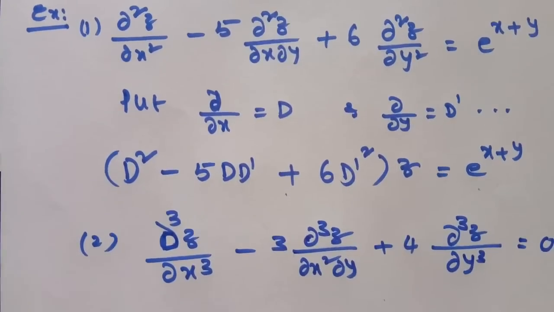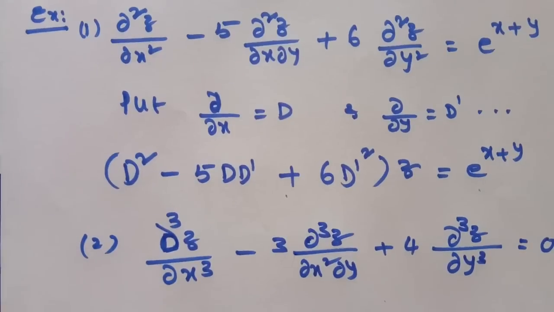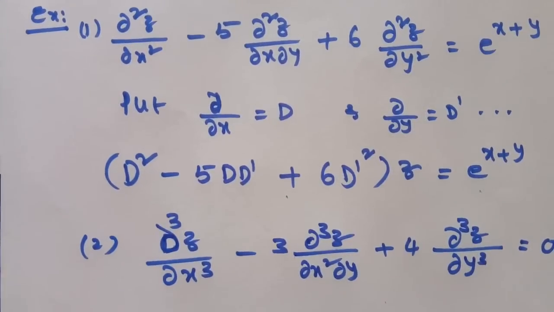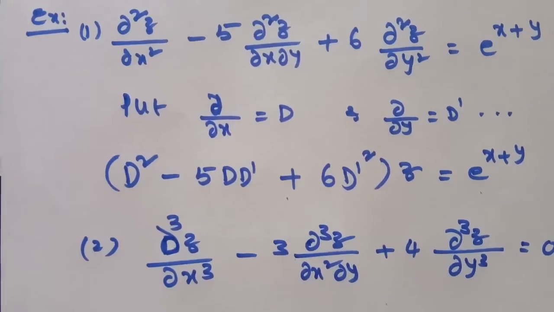Therefore, the right hand side in this equation is given as 0. Therefore, it is a homogeneous higher order linear partial differential equation.